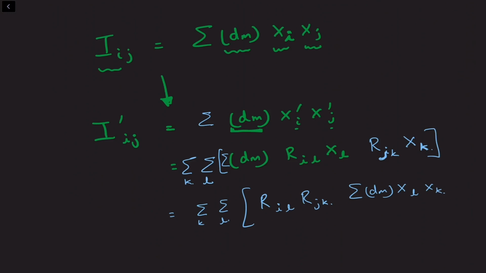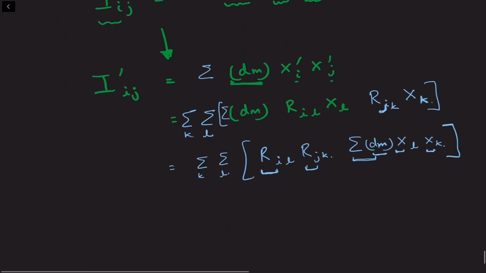Now the reason I can take the rotation matrices outside of the summation over masses is that the choice of rotation matrix has to do with the choice of our axes, which has nothing to do with the distribution of the mass itself. Whereas the positions of the mass in one coordinate system certainly do depend on which mass element I'm talking about, so I cannot pull these x's outside the summation.